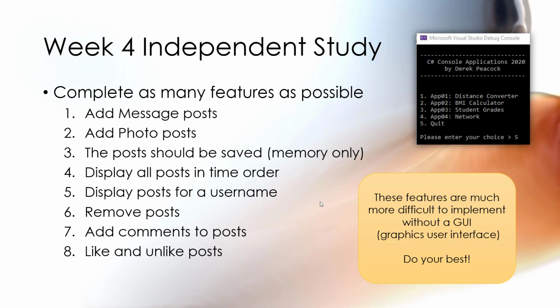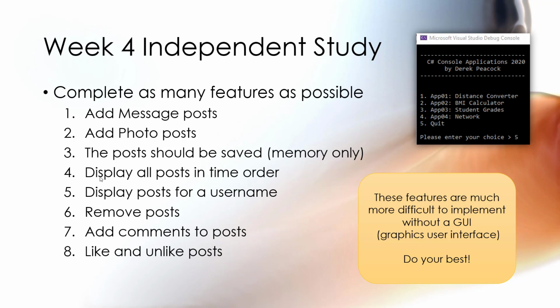Okay, so that's as far as I'm going to take it in the video. There's a lot more still to do, but it's very similar to what you've done before, either in BlueJ or in the last example with the student marks. You have to be able to have methods to add message posts, methods to add photo posts. The posts need to be saved in that list.